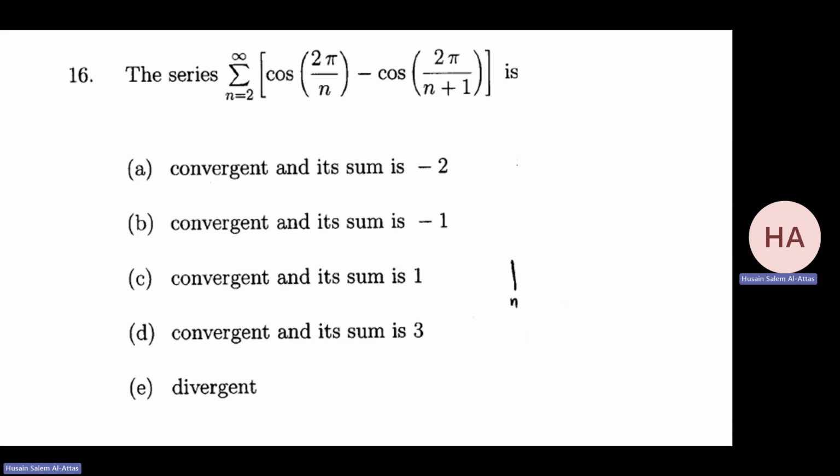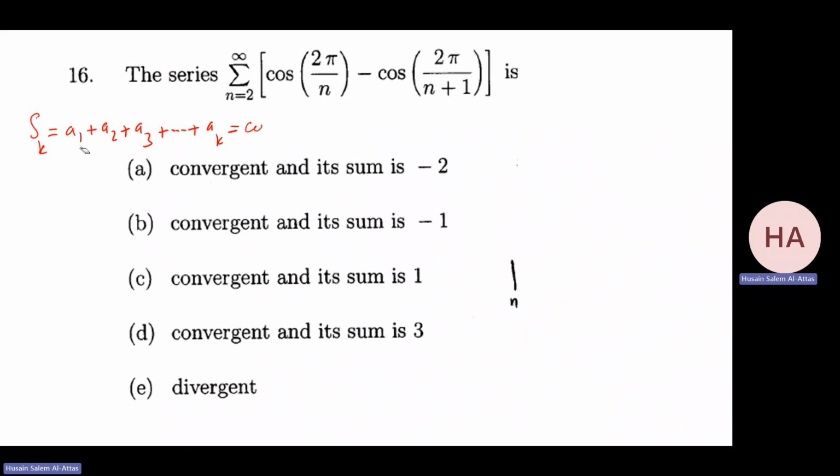This one, what is it? Yeah, for sure it's not geometric. Can think of it as telescoping. Let me check. So it will be S_k. It will be a_1 plus a_2 plus a_3 plus up to a_k.